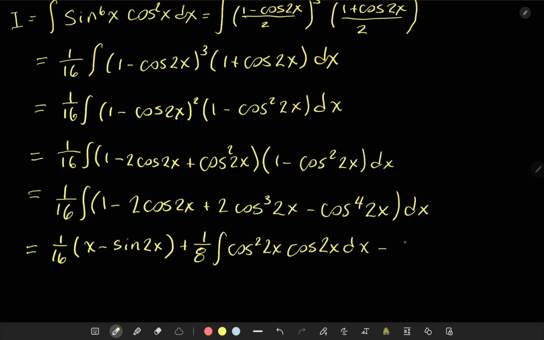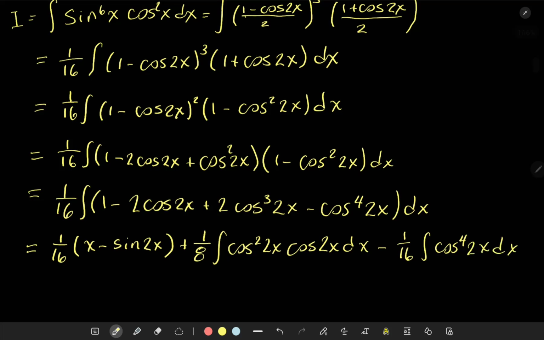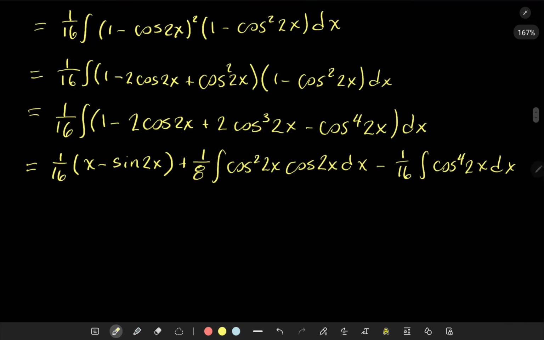And then I have the integral of a minus 1/16, an integral of a degree 4th. So cosine to the fourth of 2x dx. I know it's a little bit unwieldy, but it's okay. All right, so this one right here, my u substitution should be u equals cosine of 2x.